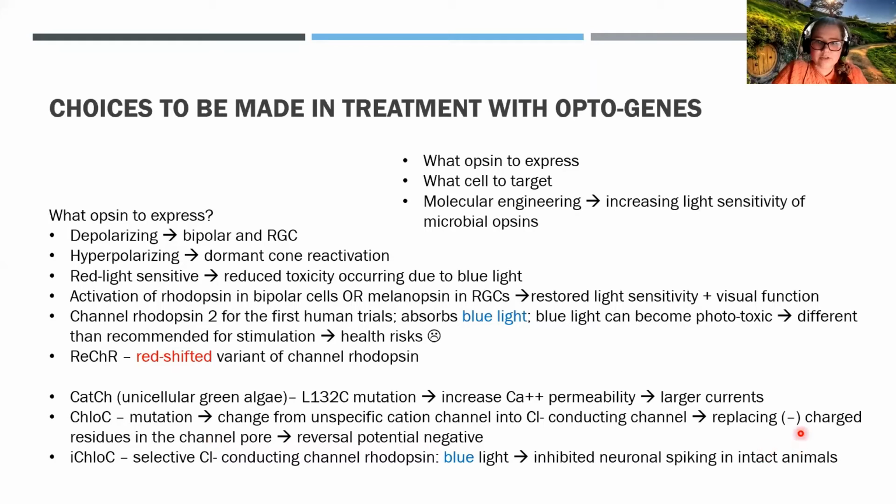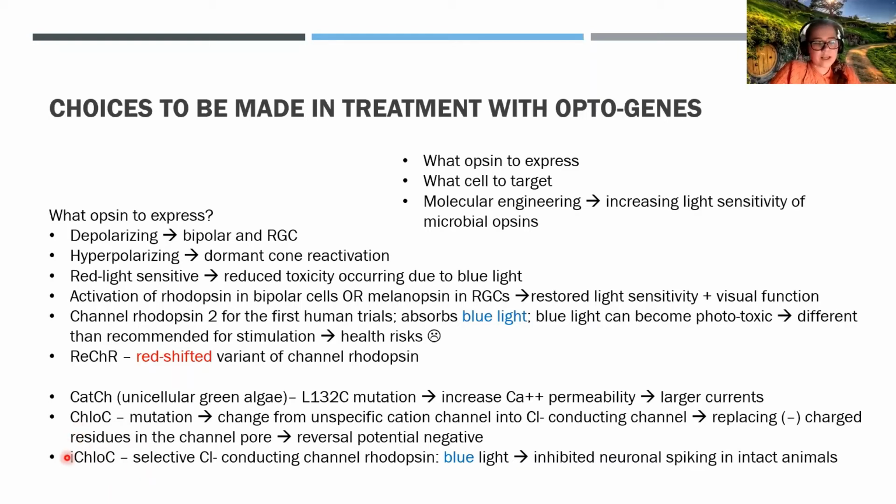Those negatively charged residues were present in unspecific cation channel rhodopsin, and after adding more positively charged residues into this channel rhodopsin, we had a better fitted channel for chloride ions to enter the cells.